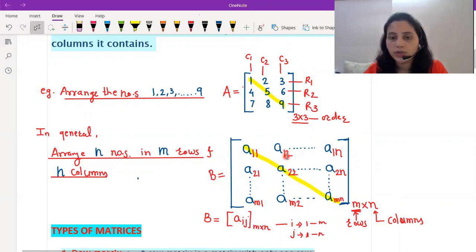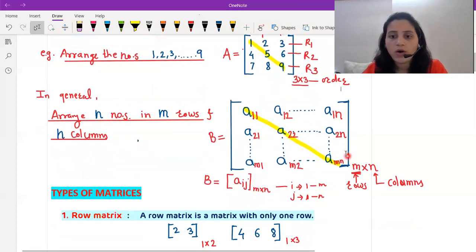Now a12. The 1, 2: the first row and second column. So this element is in the first row and second column of this matrix B. Okay, and so on. Now in this matrix we have mn numbers. Okay, so the order of this matrix is m cross n, and always remember the first quantity represents the number of rows and the second quantity represents the number of columns.